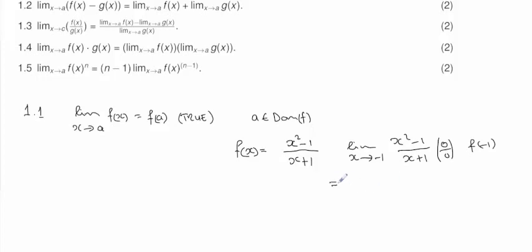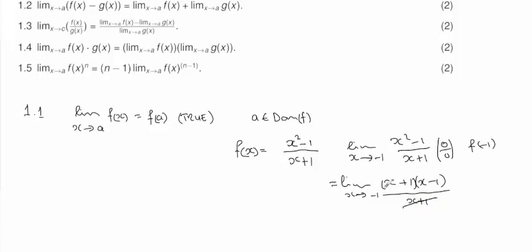So factorizing this, we get the following. Sorry, not a, but minus 1. The limit as x tends to minus 1. Factorize the numerator, we've got x plus 1 times x minus 1, it's a difference of two squares, and then over x plus 1.